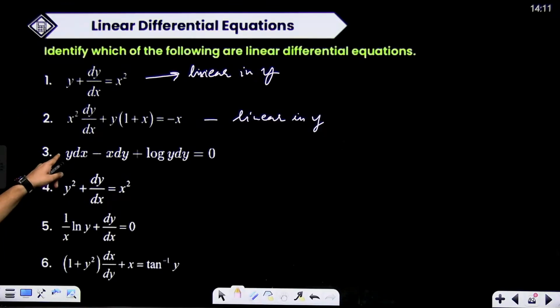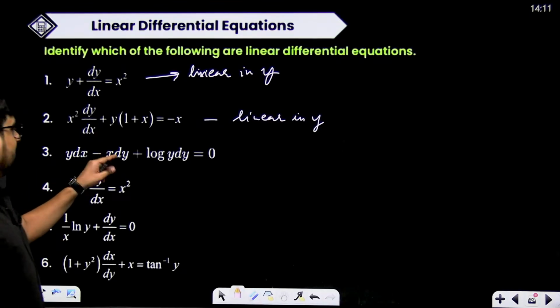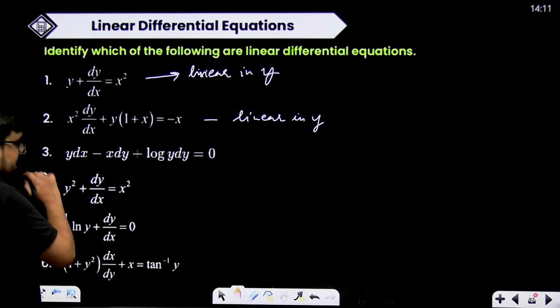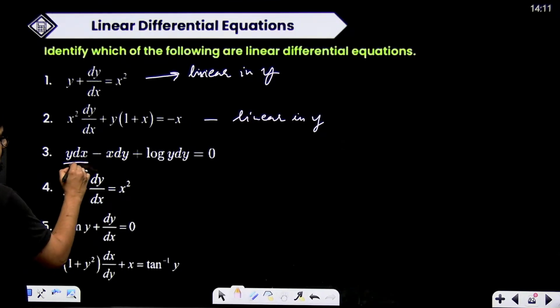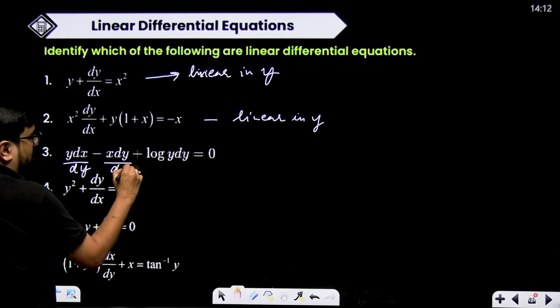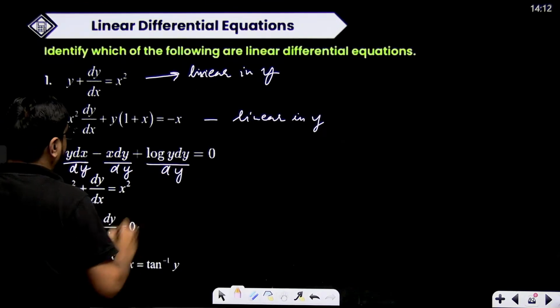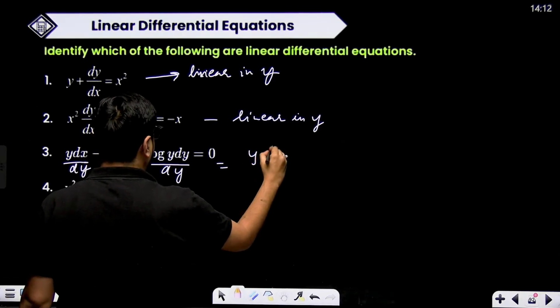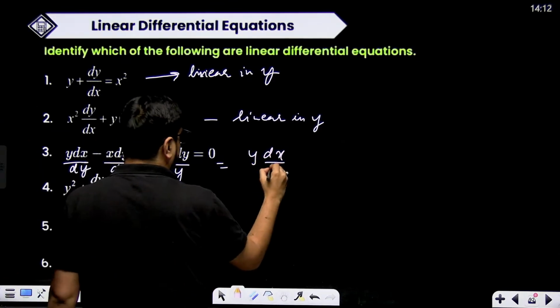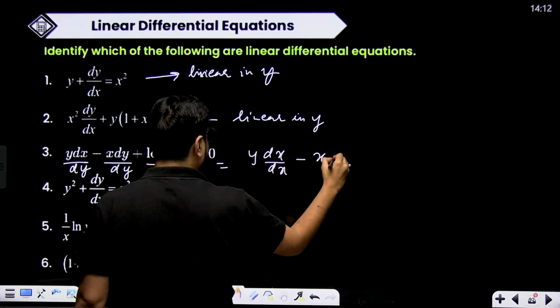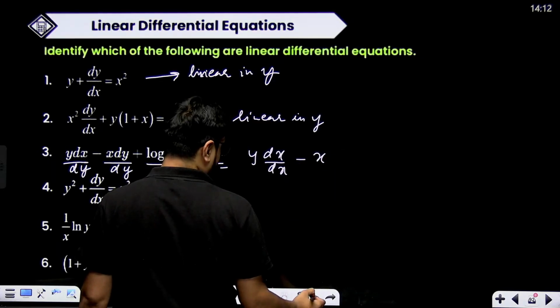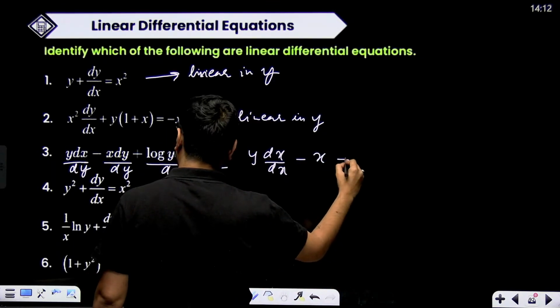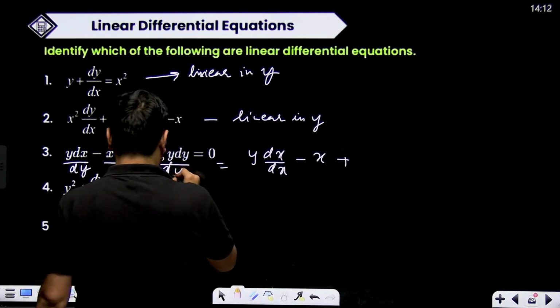Now over here, with y, there is dx. With x, there is dy. Acha, let's divide by dy. So let's say this is dx by dy. Here also dy. Here also dy. What will we have? We'll have y dx by dy minus x, plus log y.